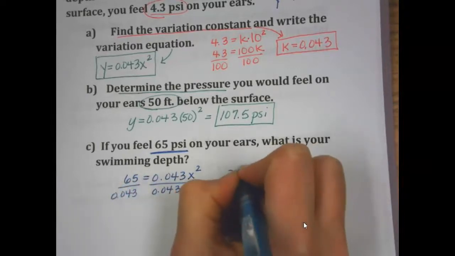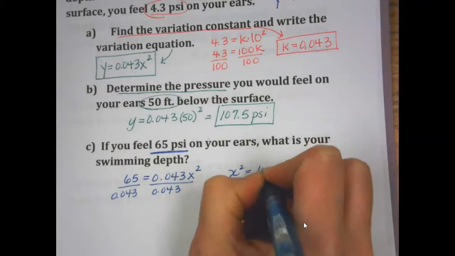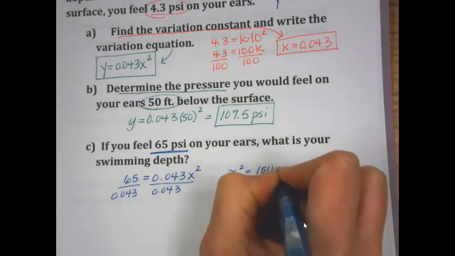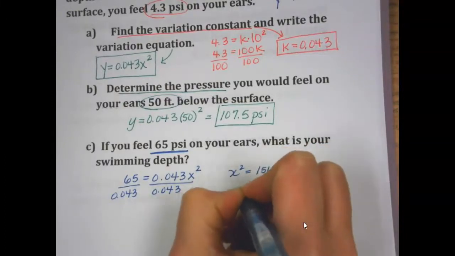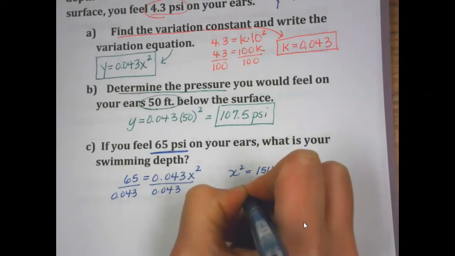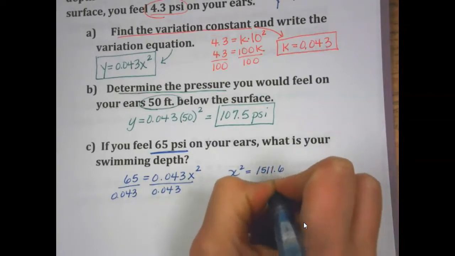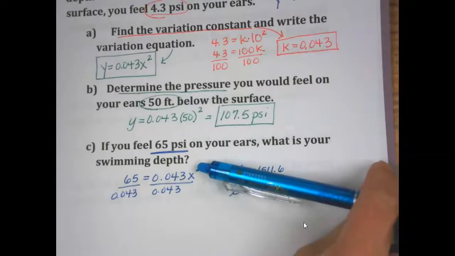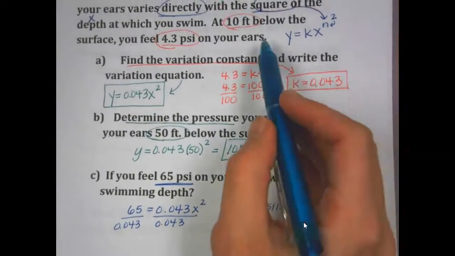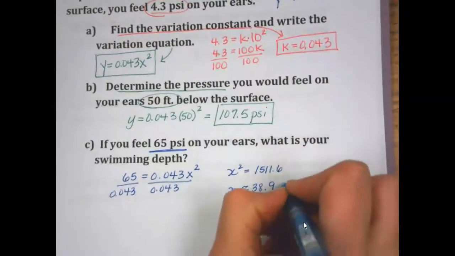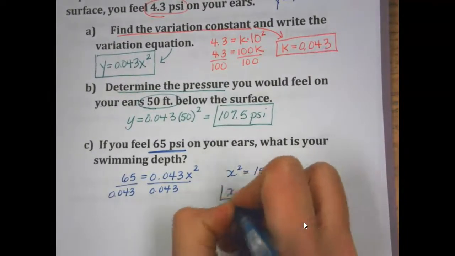So we have x squared equals 1,511.6. So we find out that that is approximately 38.9. And what are we measuring depth in? It said feet. So 38.9 feet.